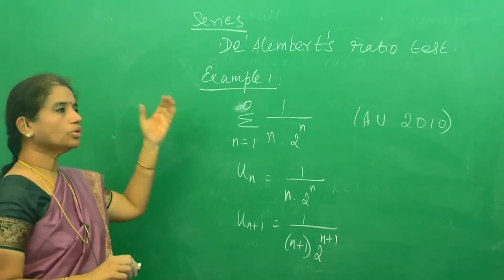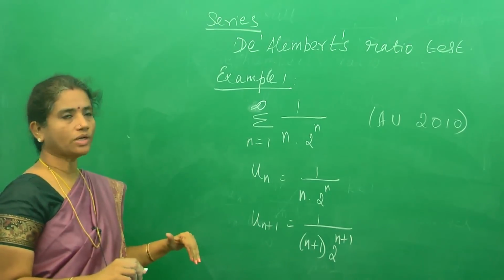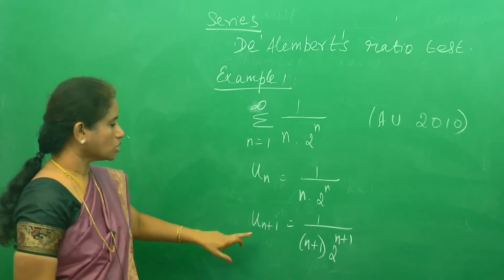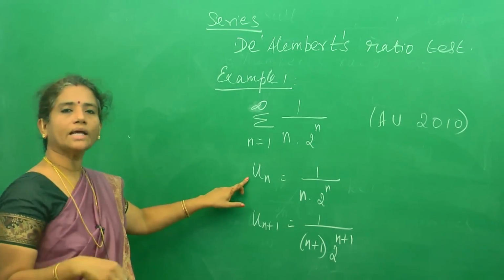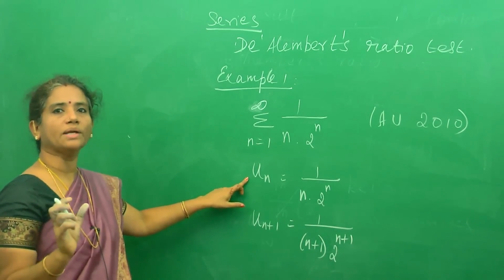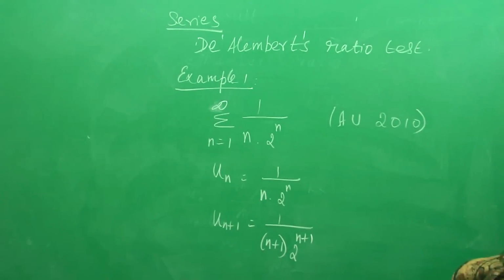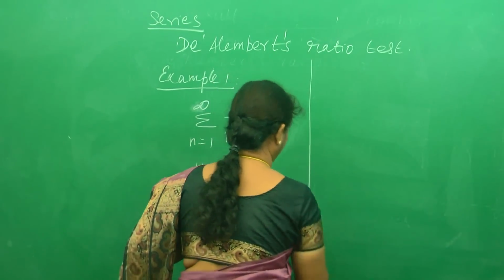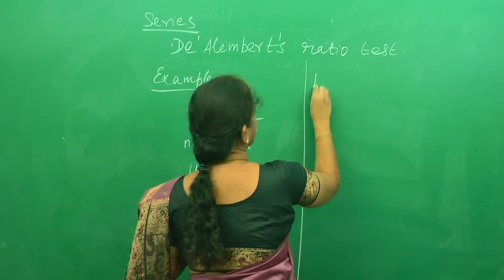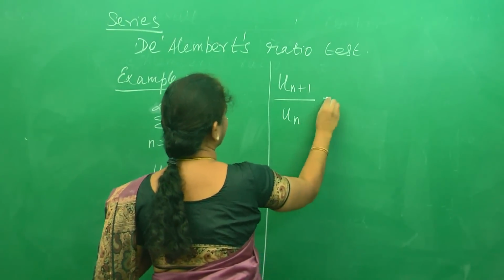You can either do un plus 1 by un, or you can do un by un plus 1 according to your convenience. So now I am going to do un plus 1 divided by un, and then I will find what happens to it when n tends to infinity. Okay. So now let us find un plus 1 divided by un.